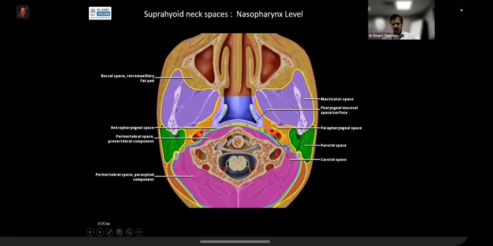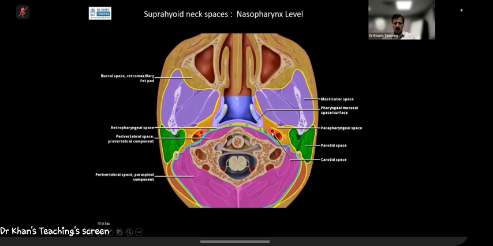Now you have to concentrate on what is here, where I am pointing: there is fat here, and this fat is the parapharyngeal space. We will cover parapharyngeal space shortly. Anteriorly, there is masticator space. You can see this is the mandible, and then these are the muscles of mastication.